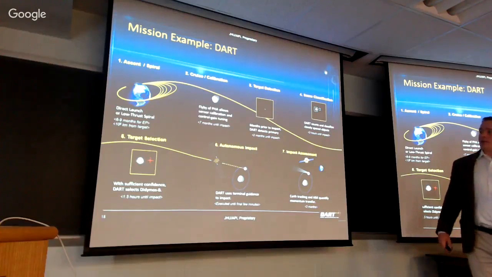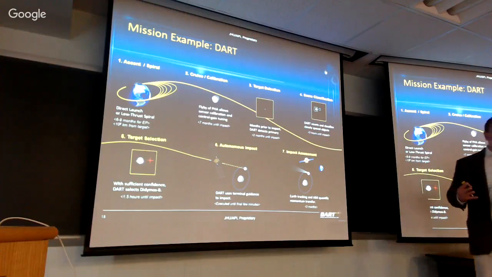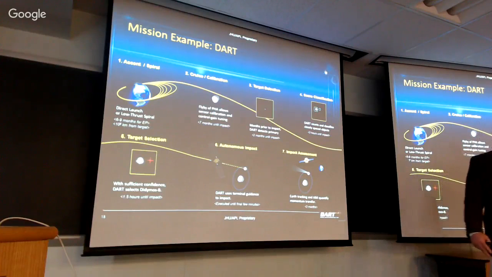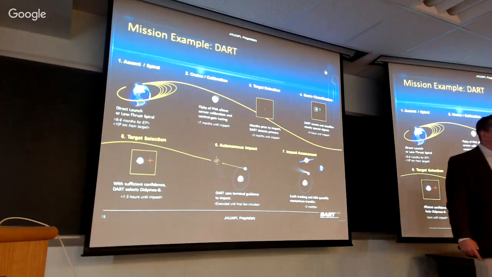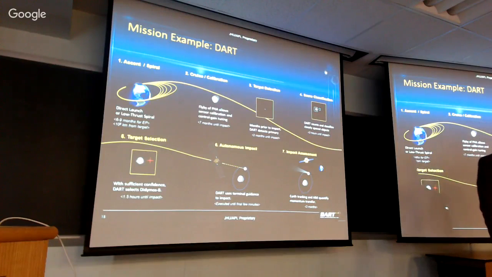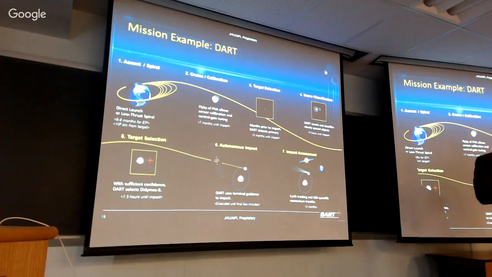And so the way this works is DART is a small spacecraft that didn't really have a good launch vehicle fit. So we were going to have to buy this $120 million launch vehicle for this 200-kilogram spacecraft. NASA wasn't very happy about that, so we came up with this idea to launch it into GTO with other satellites, or to hitch on to another satellite that's launching.